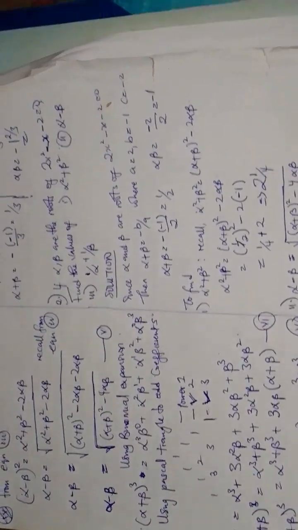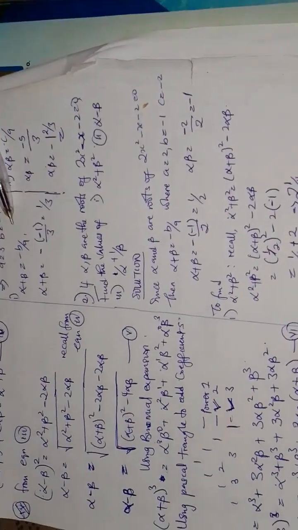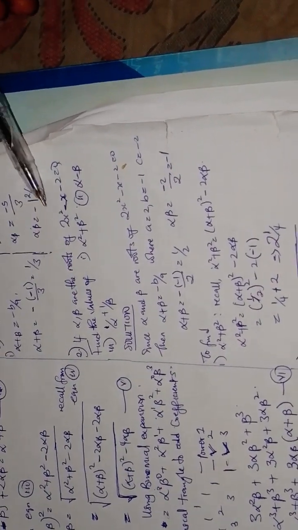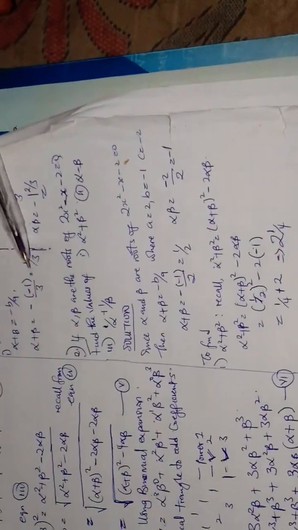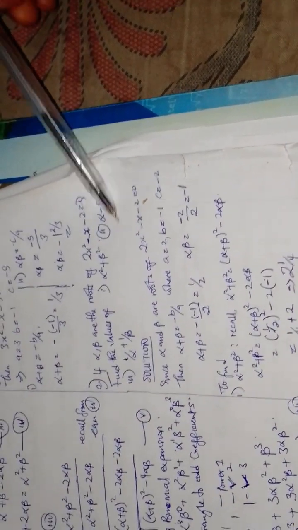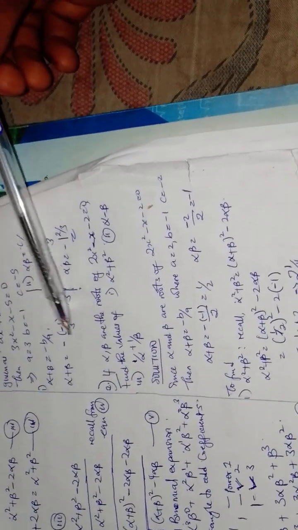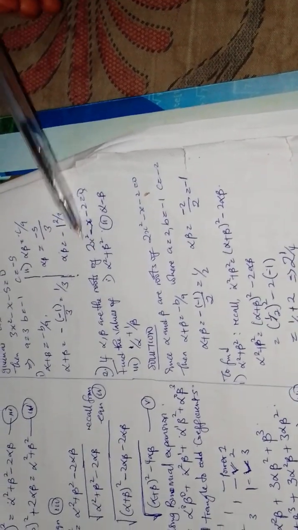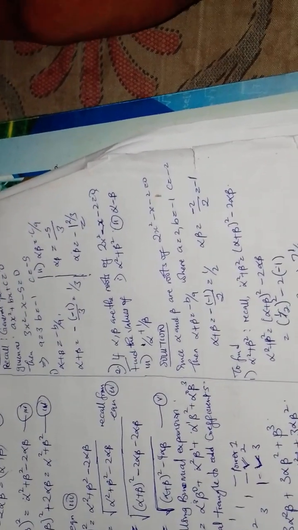Okay, now the second and last question we are going to do today is, if alpha and beta are the roots of this quadratic equation, then we have to find the value of alpha squared plus beta squared, the value of alpha minus beta, and also the value of 1 over alpha plus 1 over beta. Since alpha and beta are the roots of this quadratic equation, you are going to get two roots, the first and the second root.